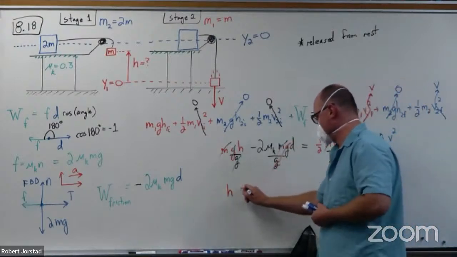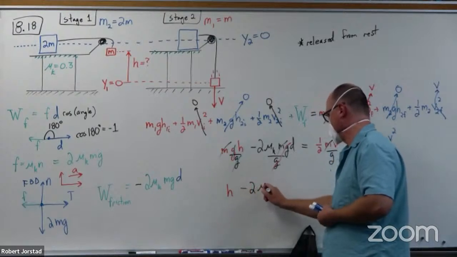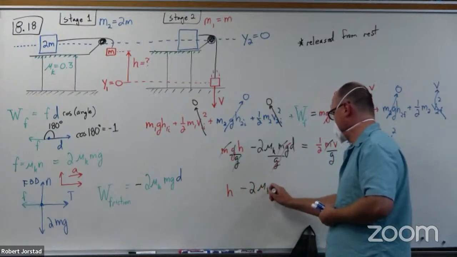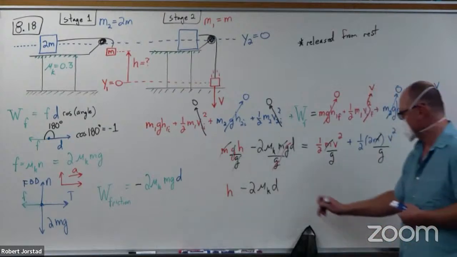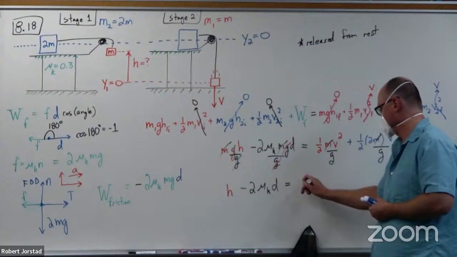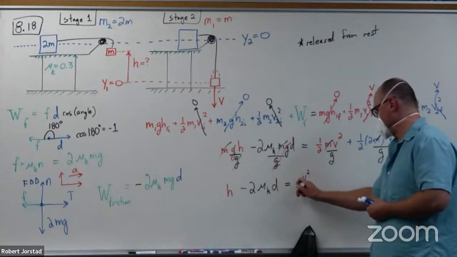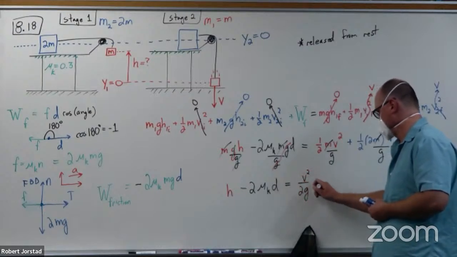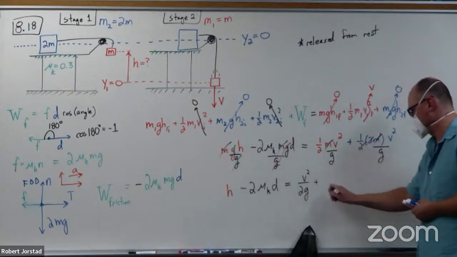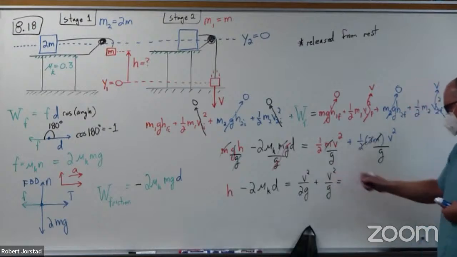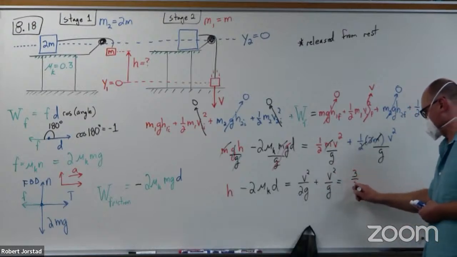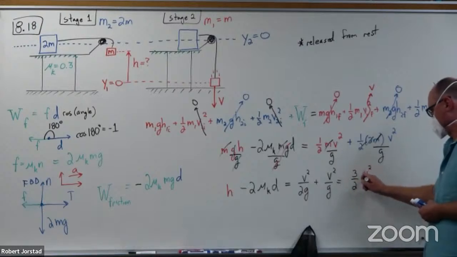I get a minus 2 mu K D equals V squared over 2G plus V squared over G, which is going to be 3 halves V squared over G. Excuse me.